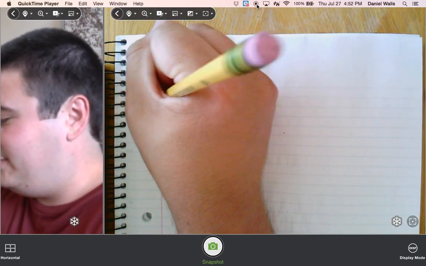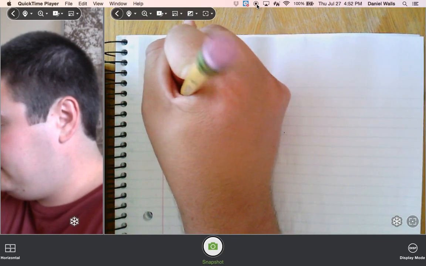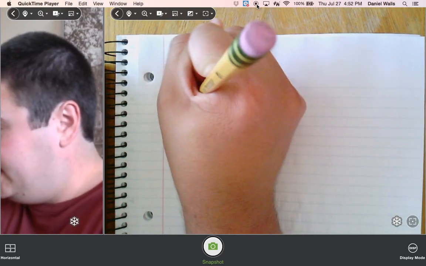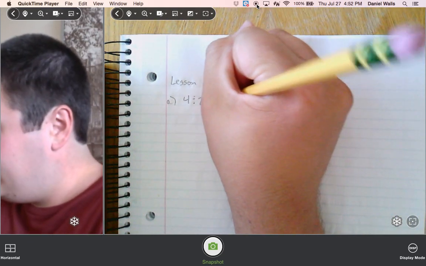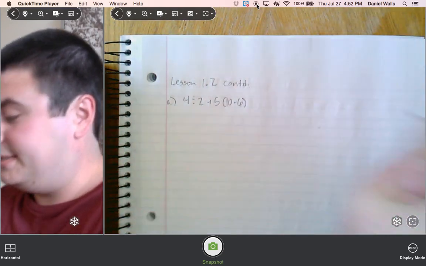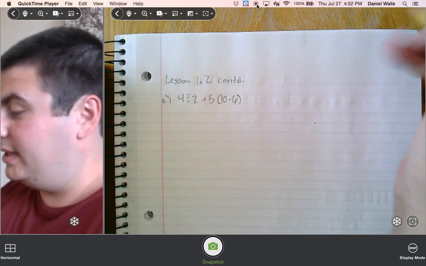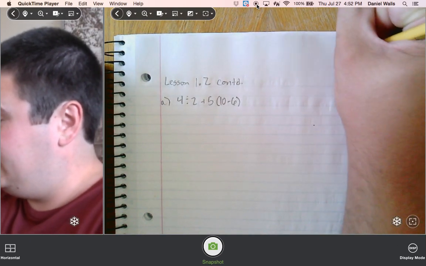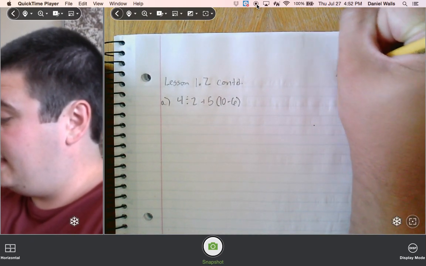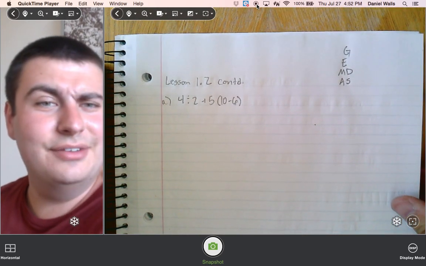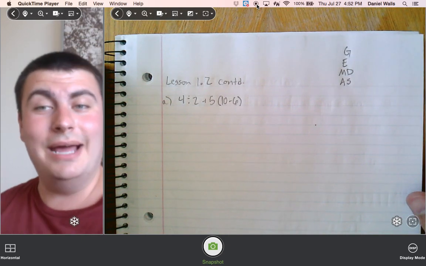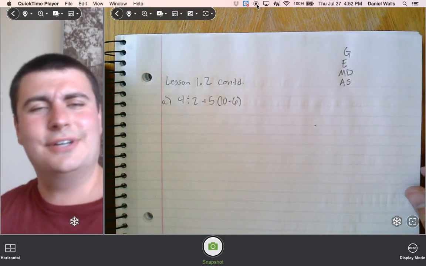So if we have 4 divided by 2 plus 5 times the group 10 minus 6, and we're going to have, remember, our G, E, M, D, A, S as a reminder of what happens in which order. If you need to go back and look at what each of those stands for, go for it.